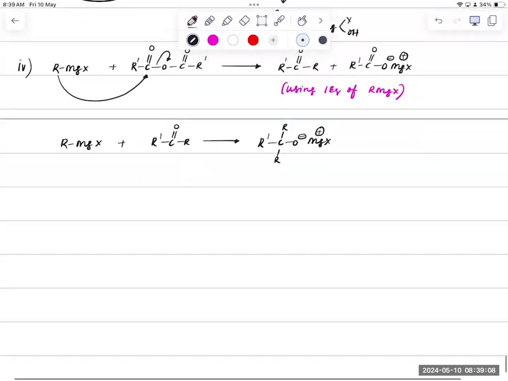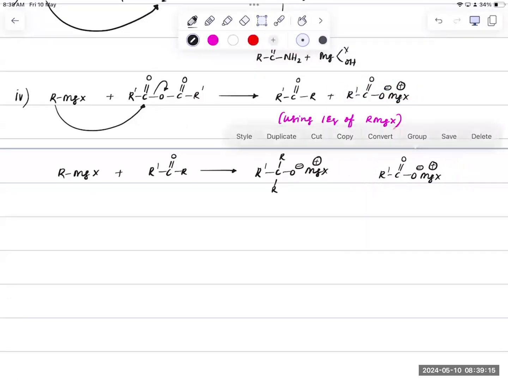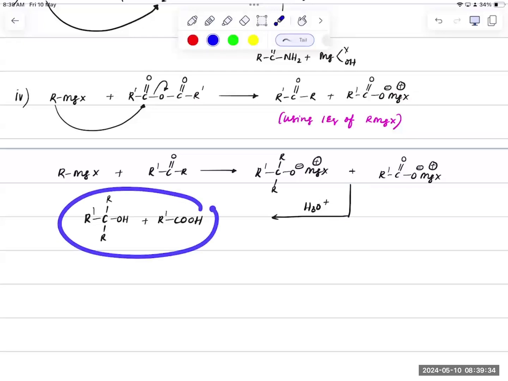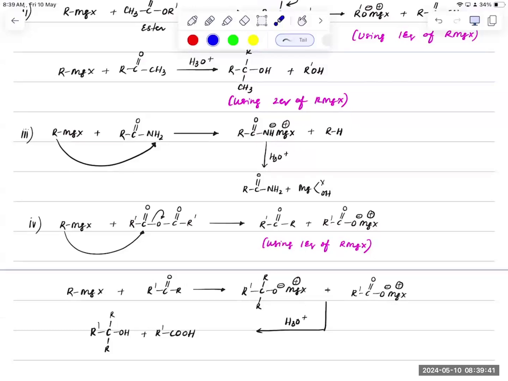And if you hydrolyze this, because you have this molecule also present in the solution, these two followed by hydrolysis with H3O plus will give us R dash C R and R with OH plus R dash COOH. So these are the final products you will report when you have more than 1 mole of Grignard's reagent. This is with anhydrides.